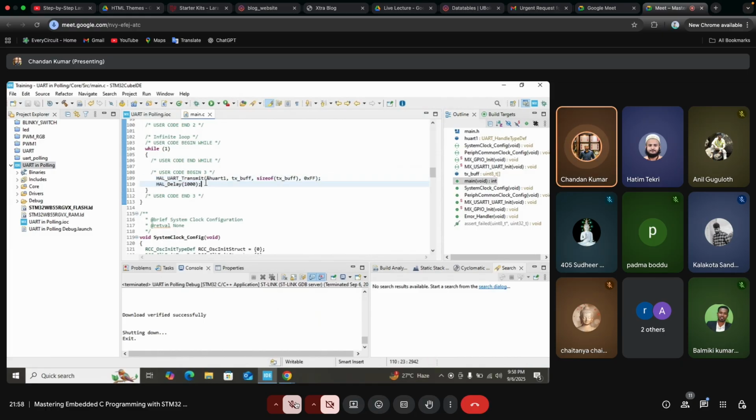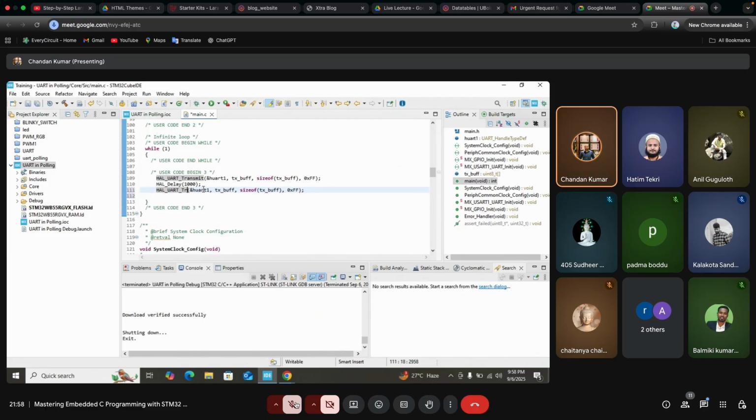Not in the while loop. I'm just pasting it here. One second. Here you will receive only 1 byte, but I'll show you quickly.